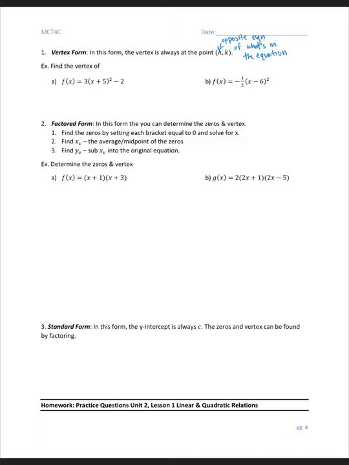And remember, our vertex form is y equals a times (x minus h) squared plus k. So our a value is going to tell us the direction of our opening.